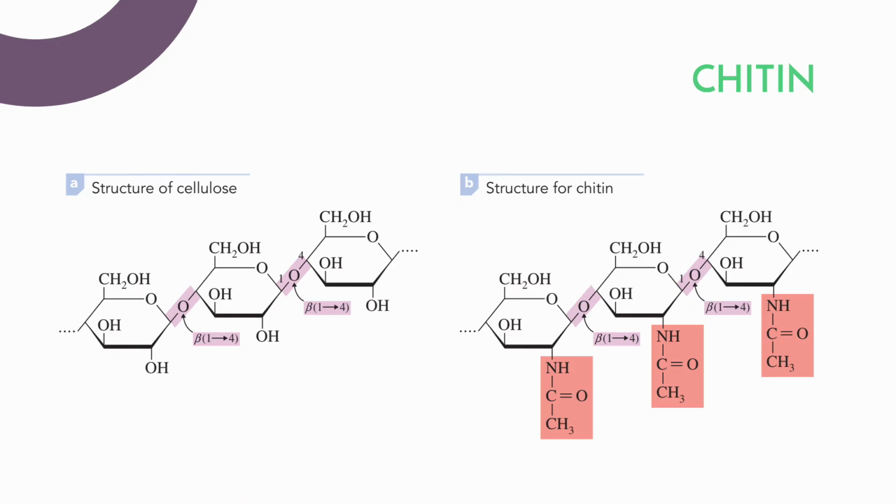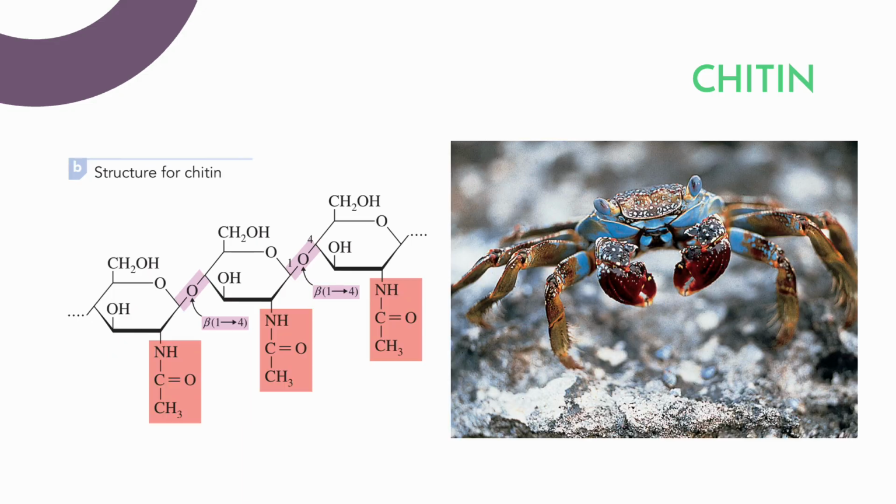Another structural polysaccharide, for animals and insects, is chitin. Structurally, chitin is identical to cellulose, except that the monosaccharide present in chitin is a glucose derivative, which we call N-acetyl-D-glucosamine or NAG, rather than D-glucose itself.